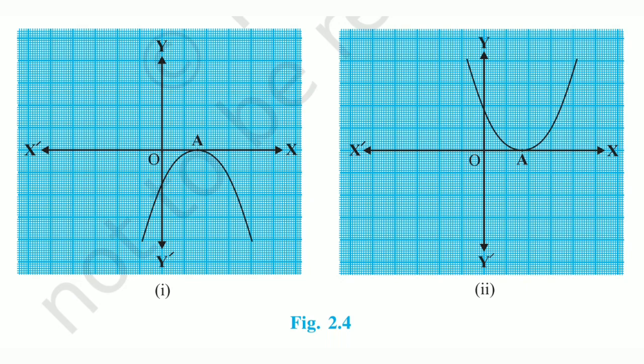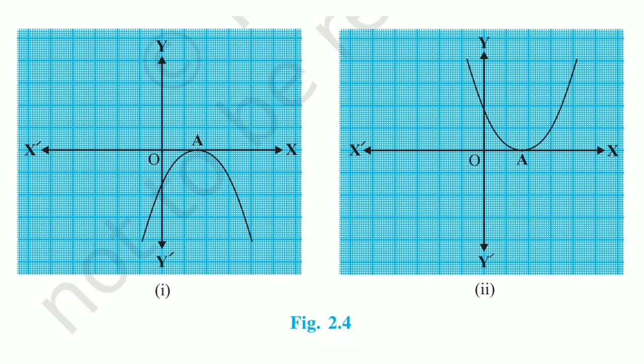So in the graph, look at how many times the parabola touches the x-axis. If it touches one time, then it has 1 zero. If it touches two times, then we can understand it has two zeros, like that.